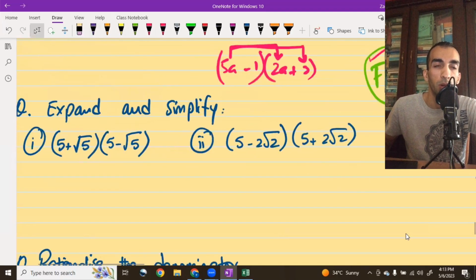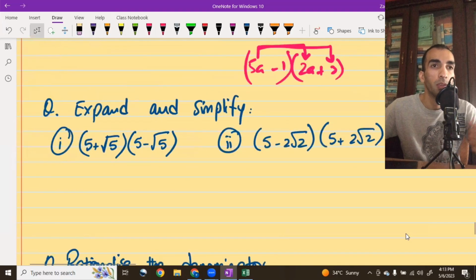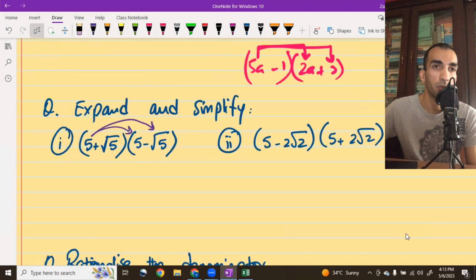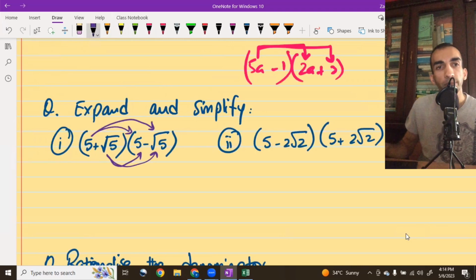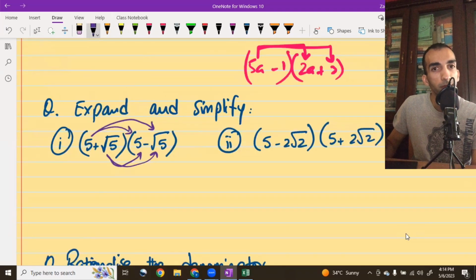If I were to ask you to repeat the process for this, this is what it's going to look like. First with the first and second of the second bracket, and then second with the first and second of the second bracket. So you do 5 multiplied by square root 5.